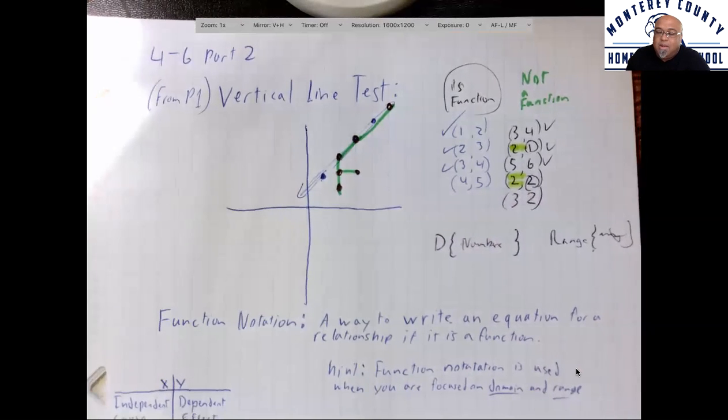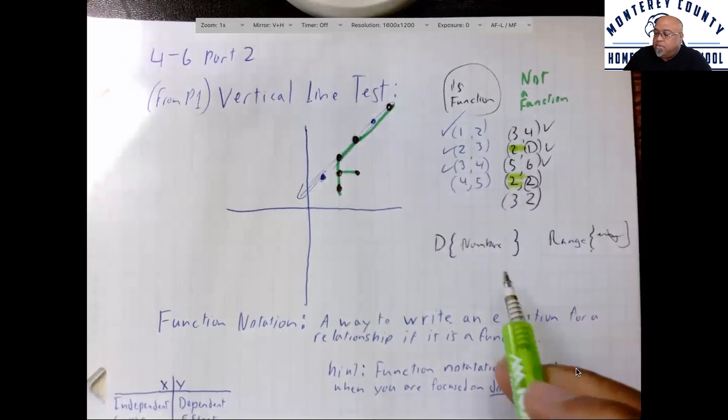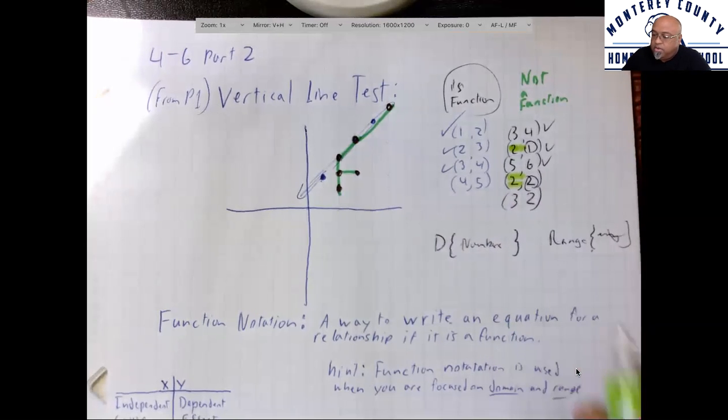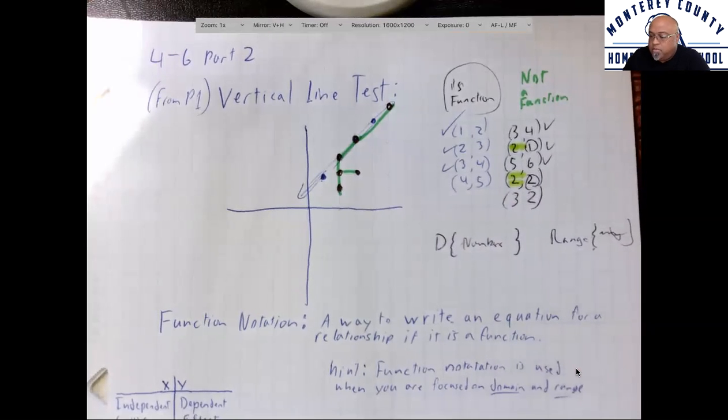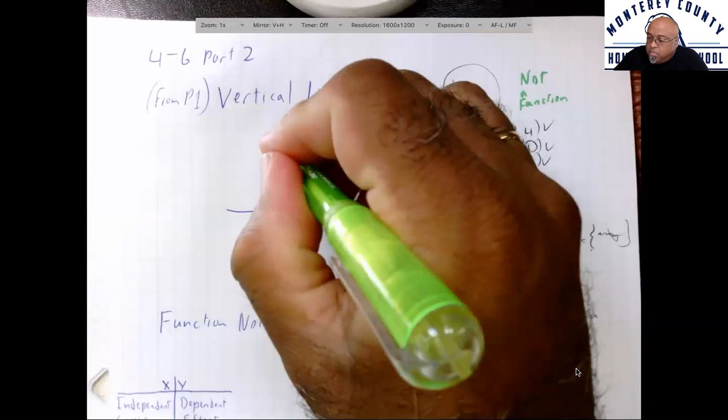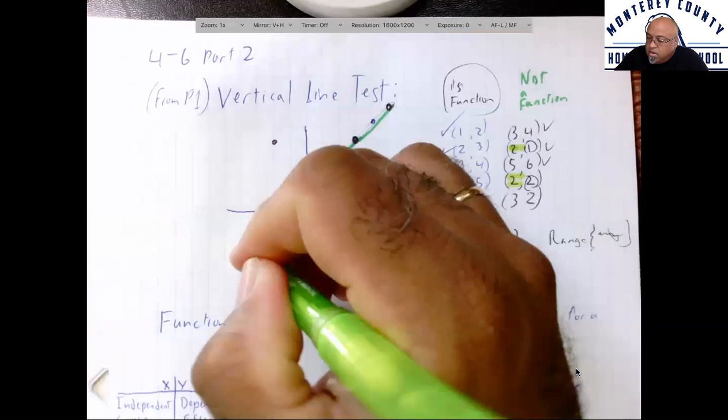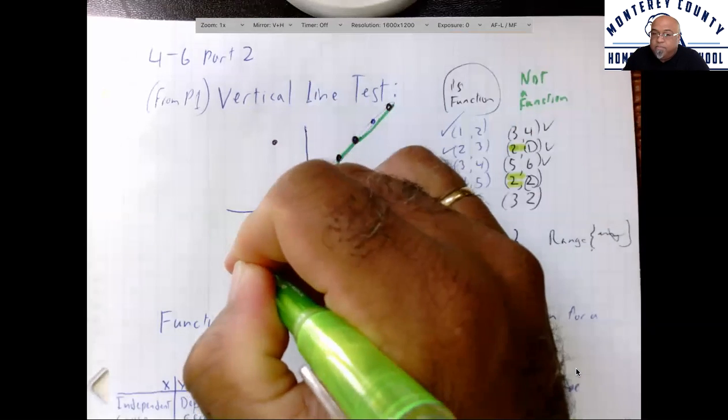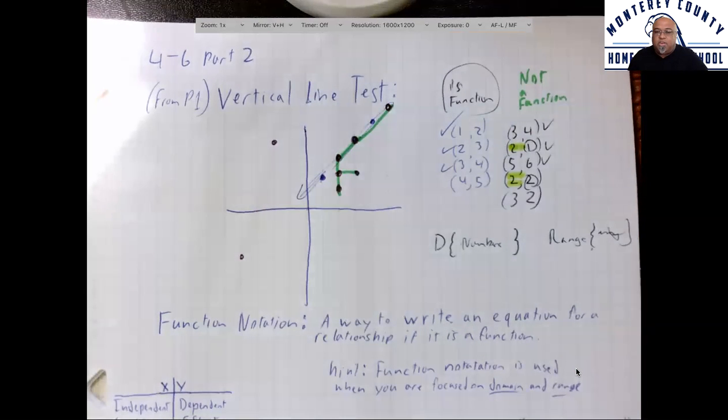Okay? Now, let's just say I don't feel like taking all day. I'm just going to pick one ordered pair from this, okay? Or a couple of ordered pairs. And let's say I make a point here, and then a point there, okay? I just picked 2 of these because I don't want to take all day to fill out all of my domain and all of my range.